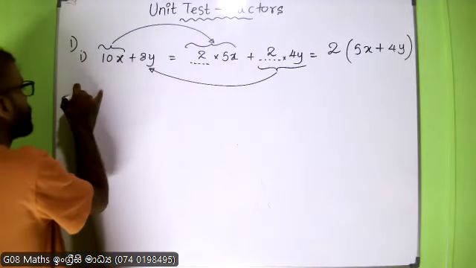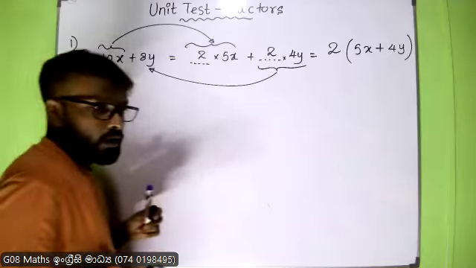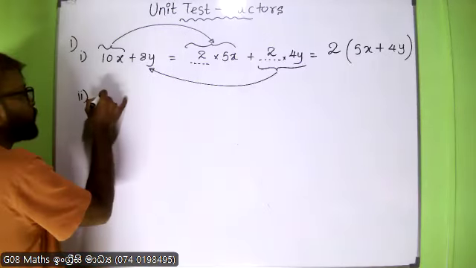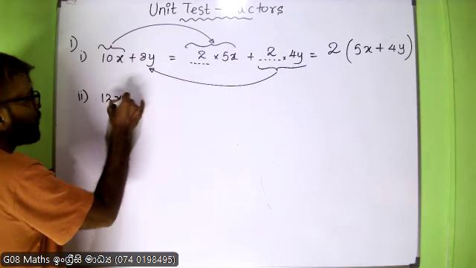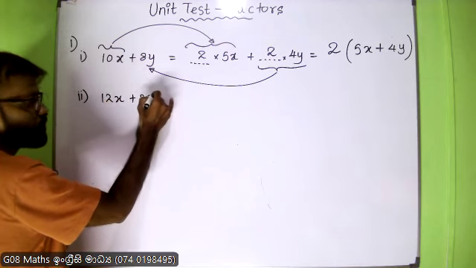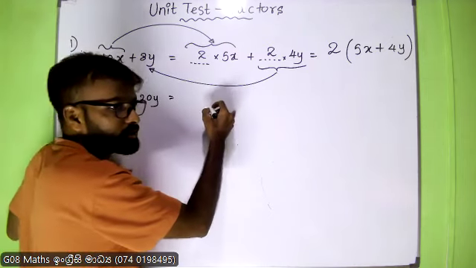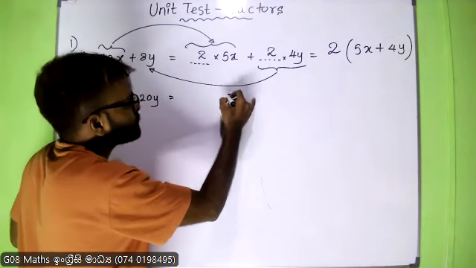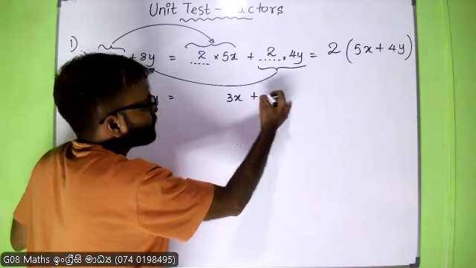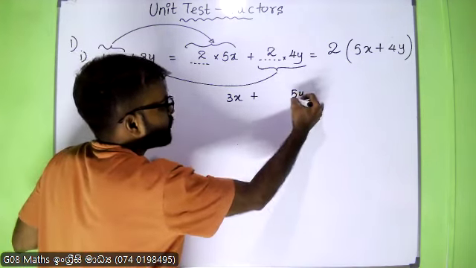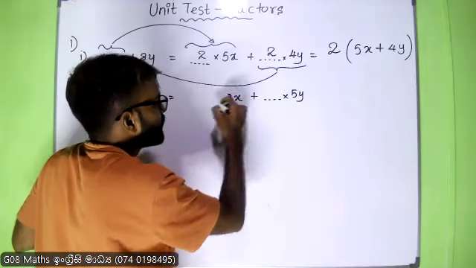Okay. Second one. 12x plus 20y. Now I have 3x and 5y, then 3x plus 5y, and we have something like this.